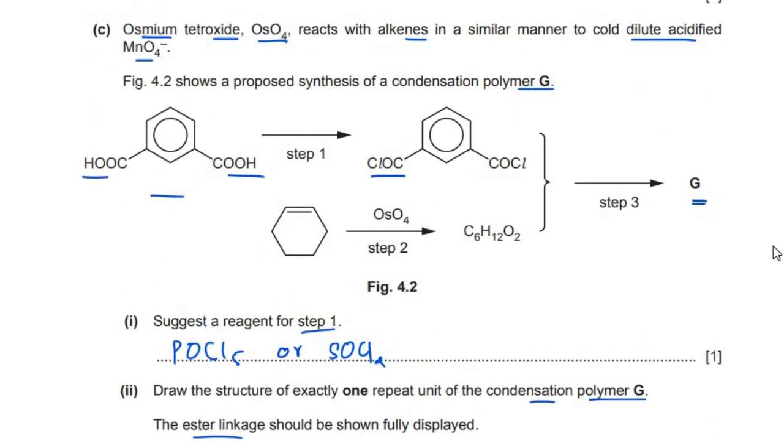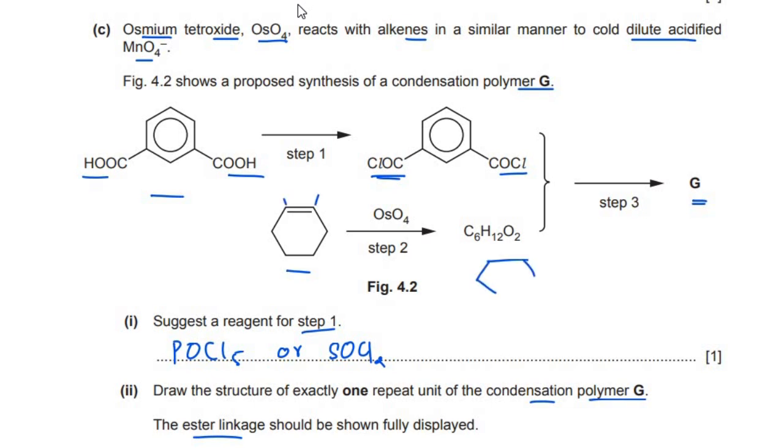Now let's understand how the condensation polymer is formed. Here we have the benzene structure with 2 acyl chlorides, which is polymerizing with the alkene. Osmium tetroxide, OsO4, reacts with alkenes in a similar manner to cold dilute acidified KMnO4, which shows that a diol should be formed on this ring structure.